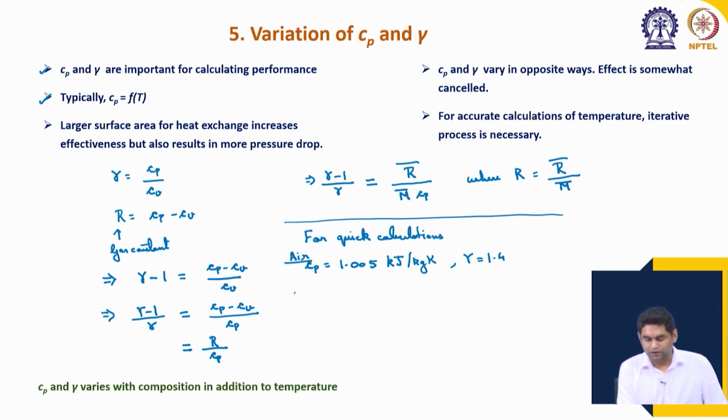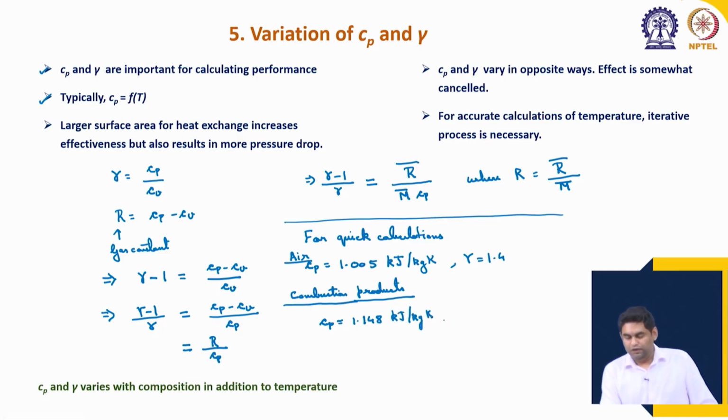For combustion products, we will take a different average value. It is seen that this is a good approximation. Cp is equal to 1.148 kilojoule per kg Kelvin, so a higher value of Cp, and gamma also can be obtained from this, and that comes out to be 1.333.